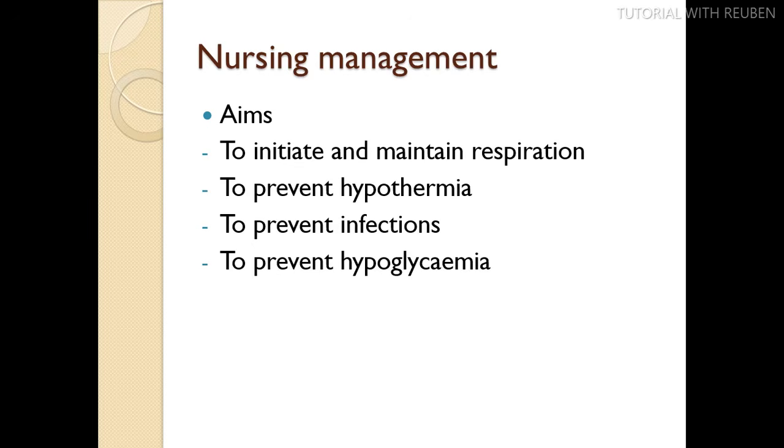So the weight should be about 100 grams to 150 grams per week. Then we're going to observe the feeding pattern of the baby. So all these things that we are doing here, we are trying to check if the things that we did in the immediate care are taking effect.